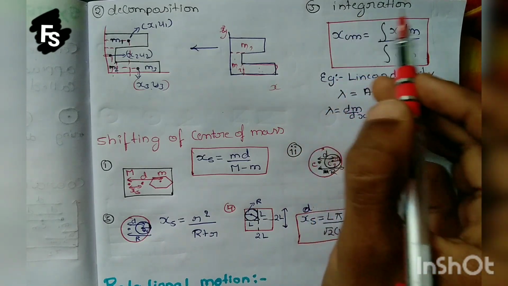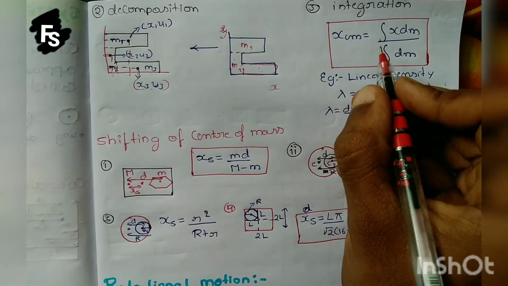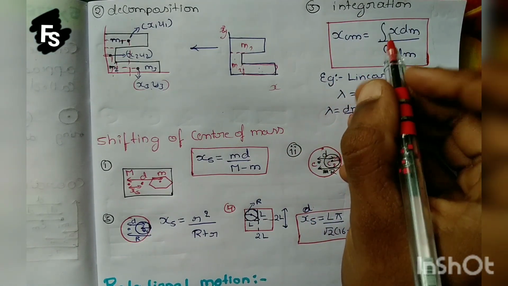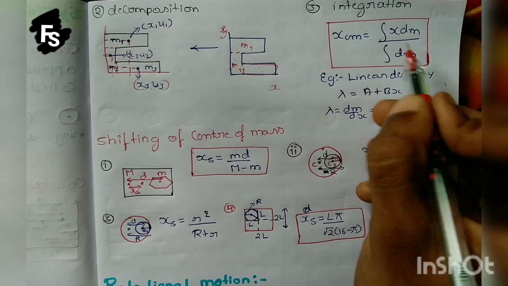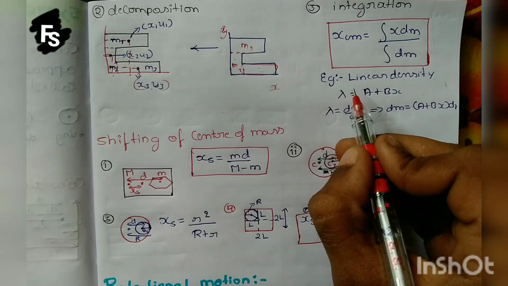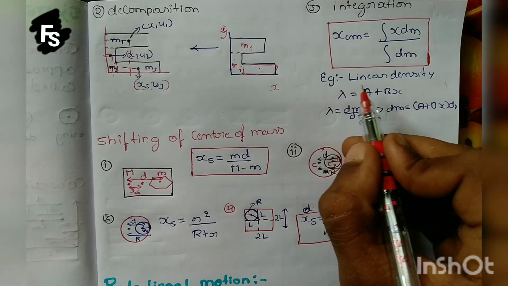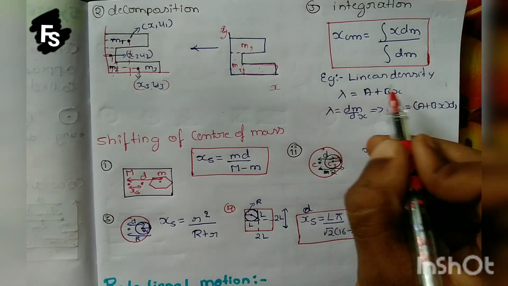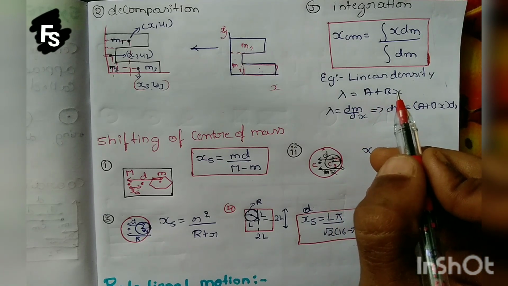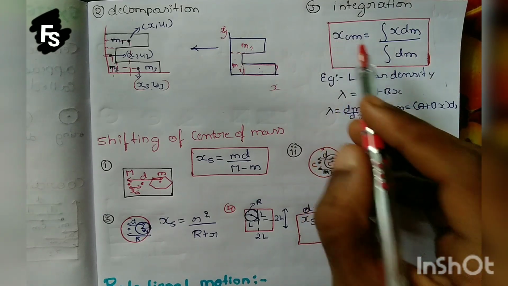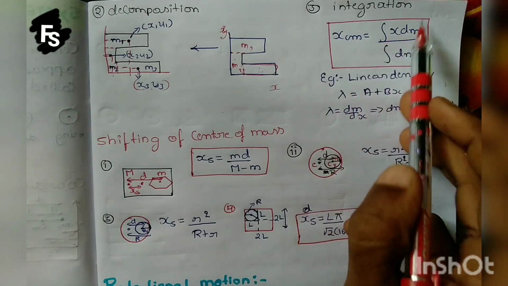Then we move on to the third method, the integration method. See here, to find it through the integration method, there is one formula: xcm is equal to integration of x dm by integration of dm. See here, if they give in a question, for example, linear density lambda is equal to a plus bx, then if you want to find the center of mass, you have to use this formula.